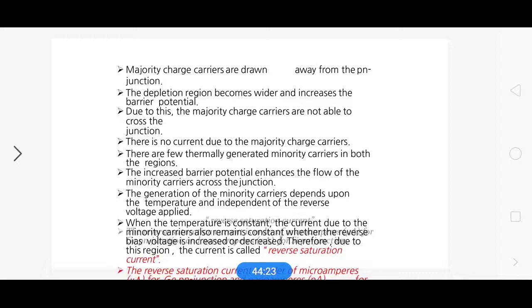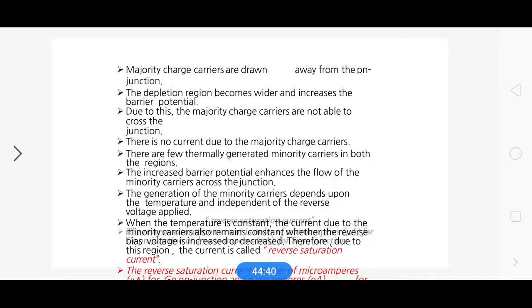Whether the reverse voltage is increased or decreased, the current due to minority charge carriers remains constant. That's why it is called reverse saturation current.